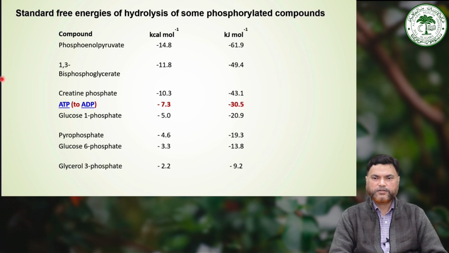Phosphoenol pyruvate can transfer its phosphoryl group to ADP to form ATP, and it's very significant to note here that ATP has a phosphoryl group transfer potential that is intermediate among the biologically important phosphorylated molecules. So this intermediate position makes ATP function efficiently as a carrier of phosphoryl groups.